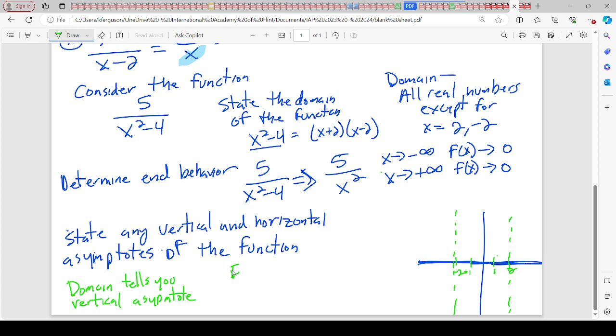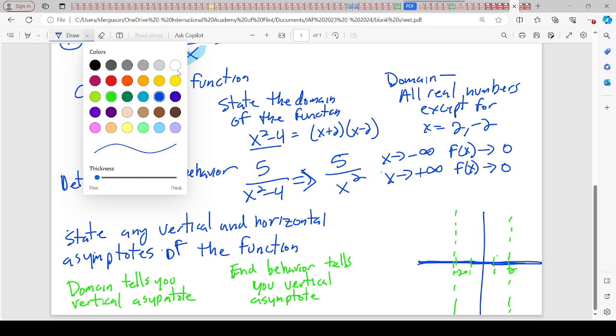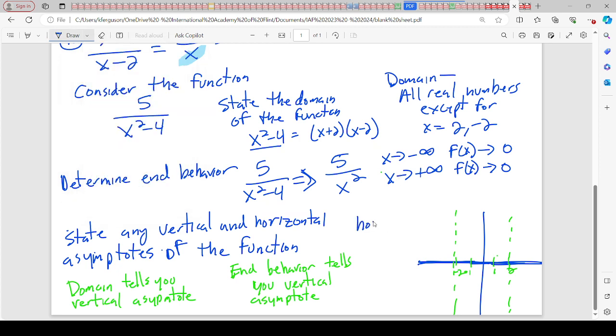So end behavior tells you horizontal asymptote lines. So what do I know? Well, so for my answer, horizontal asymptotes.